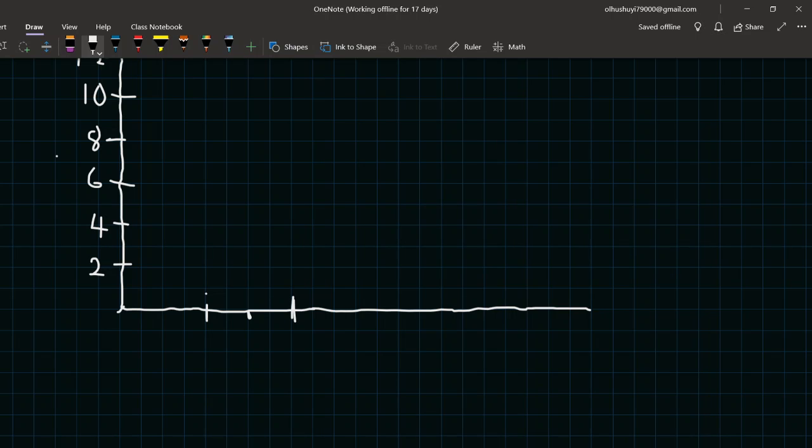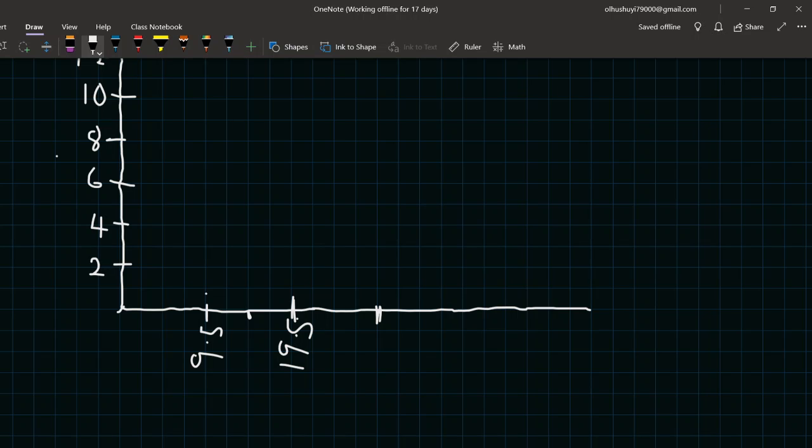So let me include here. This should be 9.5. This should be plus 10. This is 19.5. 1, 2, 3. This is 19.5. 1, 2, 3, 4.